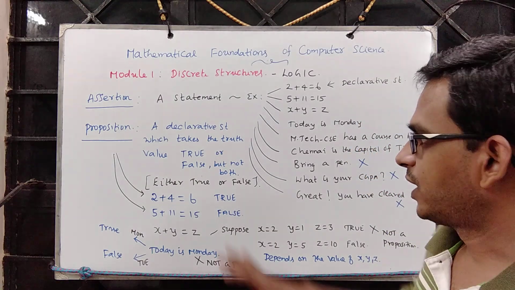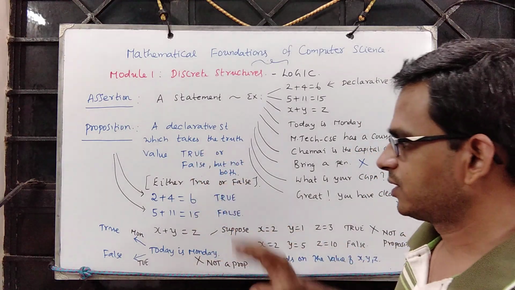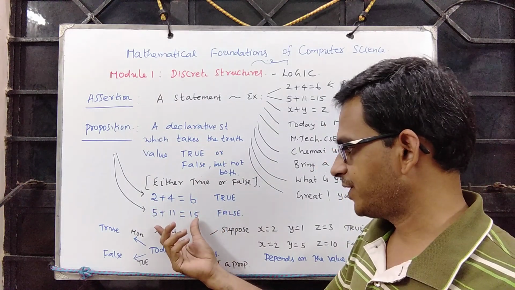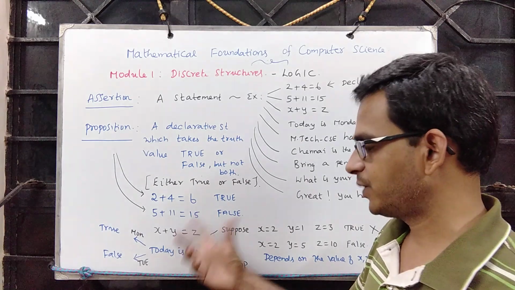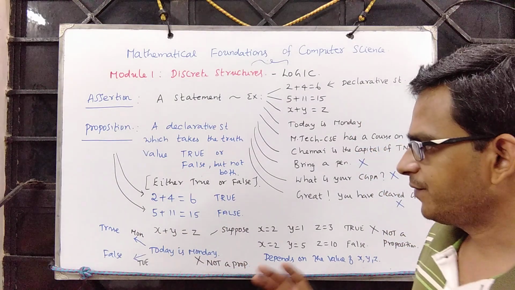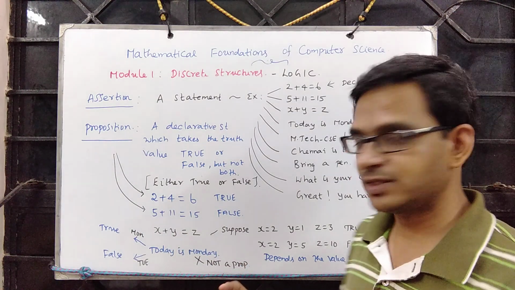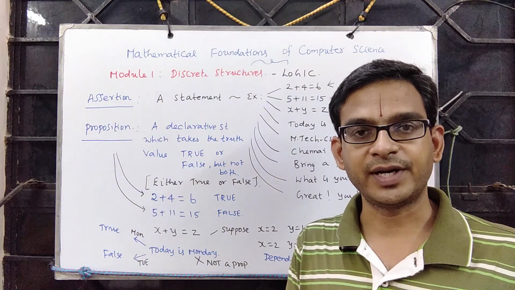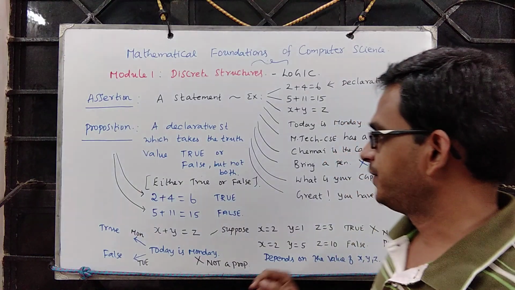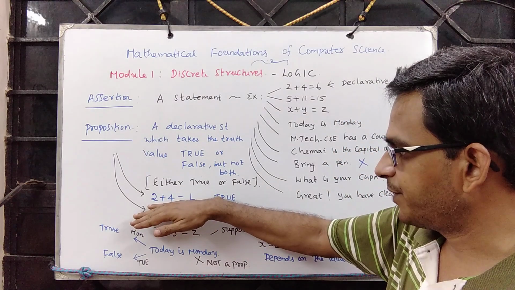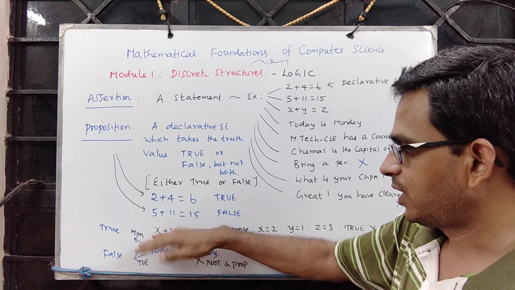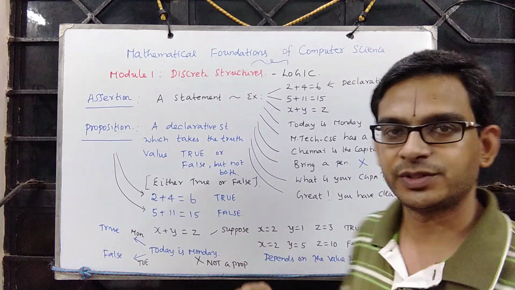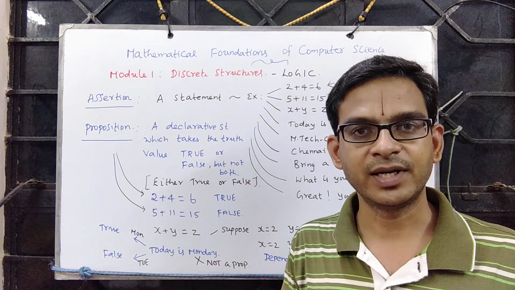So now, having defined this, whether 2 plus 4 equals 6 or 5 plus 11 equals 15 or x plus y equals z, what we are interested in is the truth value. The message that I am trying to convey is, we are not just interested in making statements like this. Along with the statement, we are also interested in the truth value associated with the statement. Why?